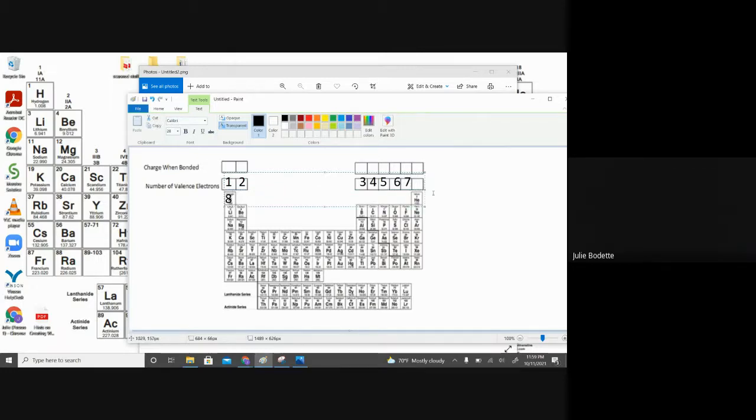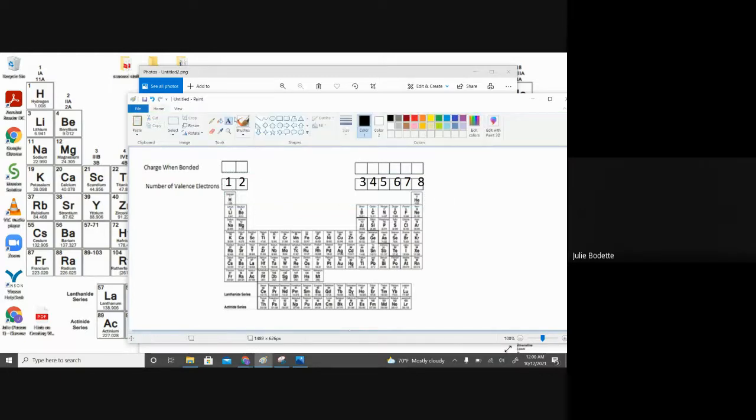Right. So again, that goes with the columns, right? So these guys all have 1. These guys all have 2. These guys all have 3. These guys all have 4, and so on, right?